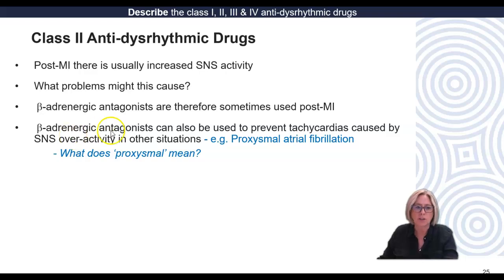And the beta adrenergic antagonists can also be used to prevent tachycardias caused by sympathetic nervous system overactivity in other situations. For example, with paroxysmal atrial fibrillation. And I've just written there, what does paroxysmal mean? In terms of the AF here, it means a sudden exacerbation of the atrial fibrillation.